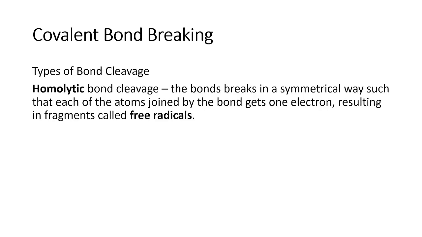Okay? So for homolytic bond cleavage, the bond breaks in a symmetrical way such that each of the atoms joined by the bond gets one electron, resulting in fragments called free radicals. An example of that is if we have here an atom X, which is bonded to another atom X. If we say that this is a homolytic bond cleavage, we will have a movement of electrons from our bond towards our atoms.